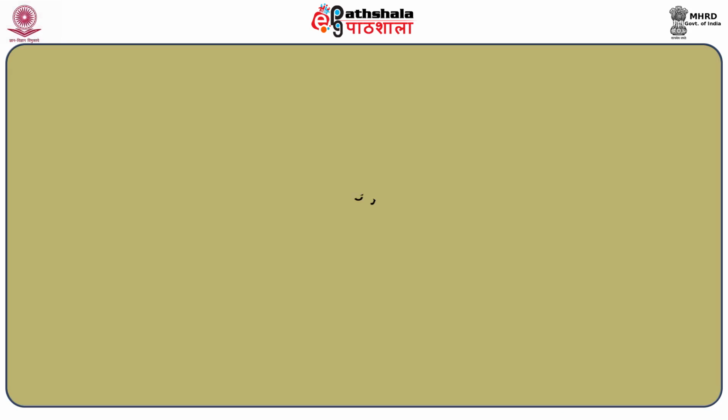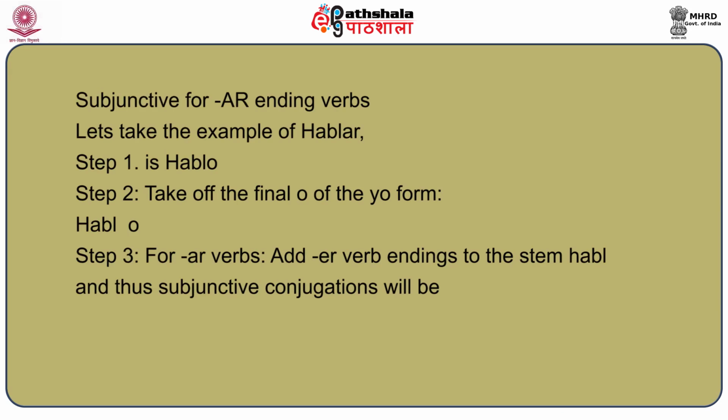The subjunctive form conjugations for AR ending verbs can be formed by following three steps. First, take the AR ending verb, for example hablar. The first, yo form conjugation is hablo. Second step is to remove the final O of the yo form.